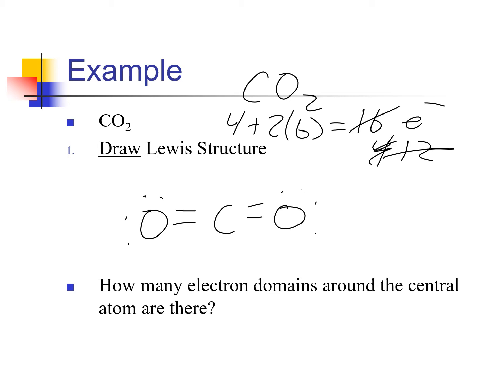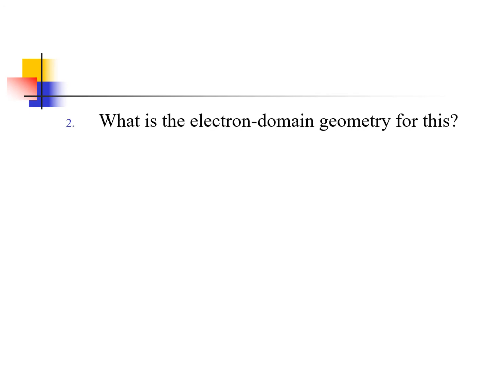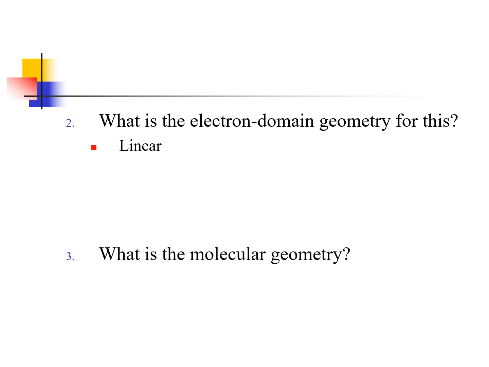So I look at the carbon, I see a double bond on the left, I see a double bond on the right. That is 2 electron domains. 2 electron domains means that the electron domain geometry for this is linear. The molecular geometry would also be linear because all those electron domains come from bonds. Okay.